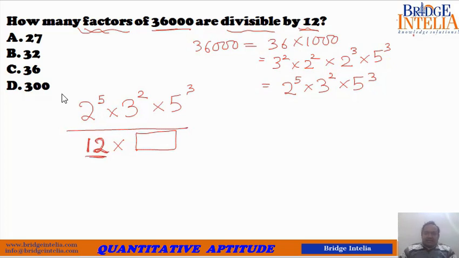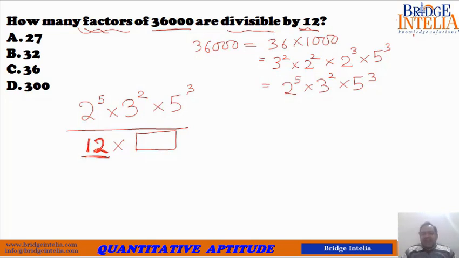The other way to think is that if you want to make it mandatorily divisible by 12, you write 12 here. This 12 is not to be removed.